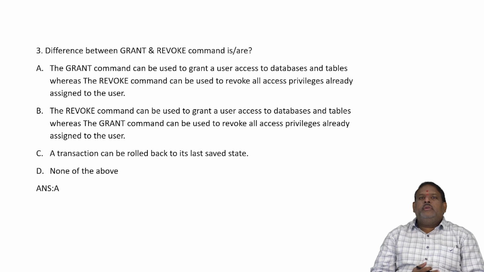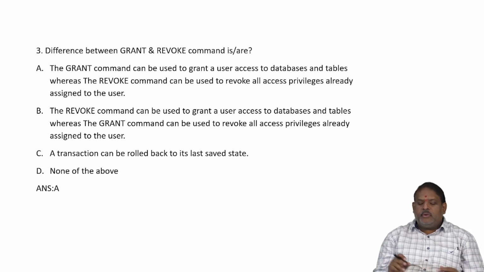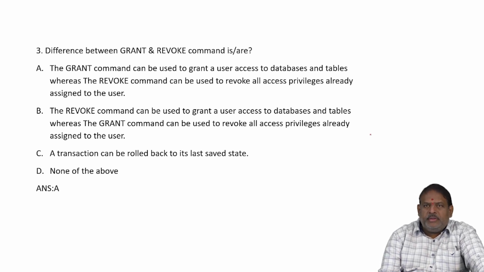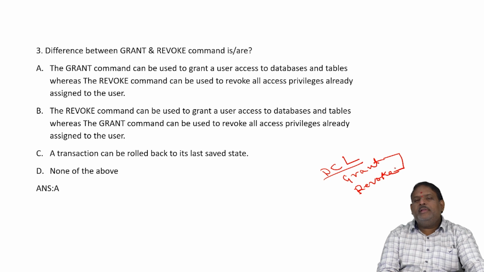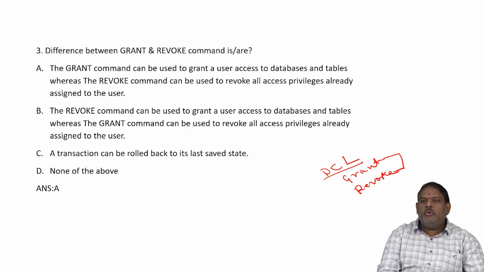Now, the difference between grant and revoke commands. What type of statement is grant? It is data control language. In this, we have two commands, that is grant and revoke. Both these commands deal with the permissions given to the user.